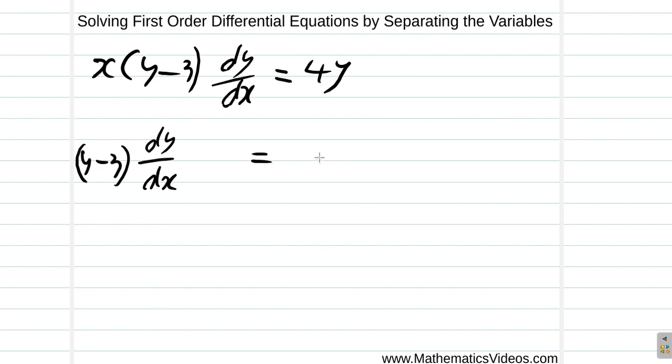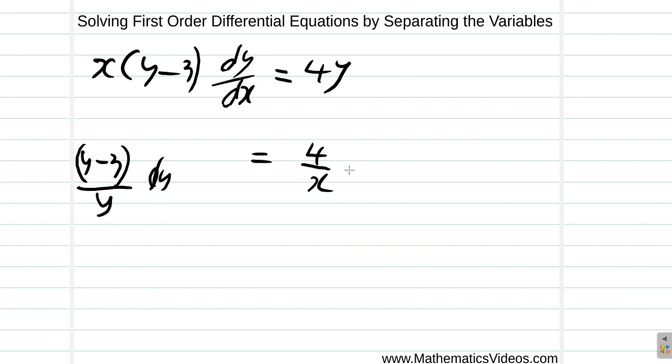It would be equal to 4y over x. Alright, divide by y now. If you divide by y, this y would cancel itself and be under here. Multiply by dx now. So you have this dy equal 4 over x dx.